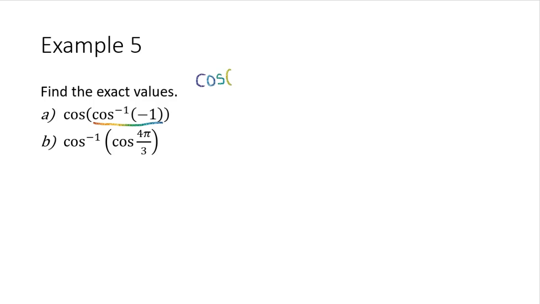On the unit circle, that happens at pi. And then we're going to solve the problem, the cosine of pi, that's just going to give me -1. And so in this case, these two functions could cancel one another out, and our answer is going to be -1. It's not always going to be that way, though.